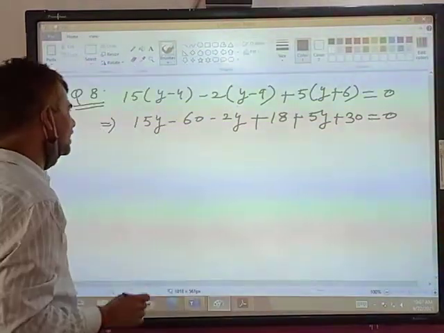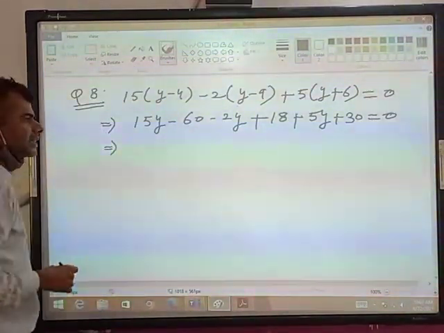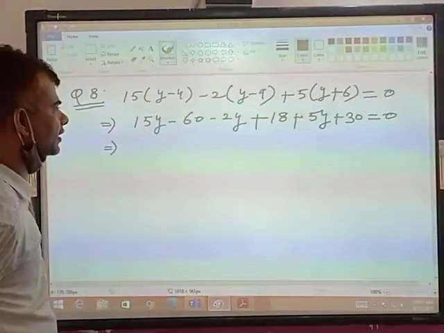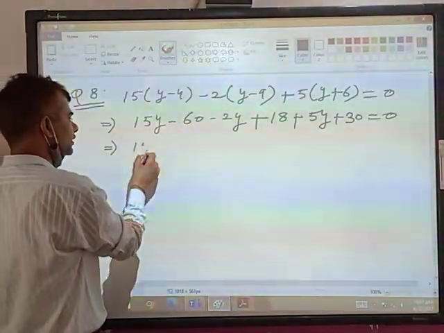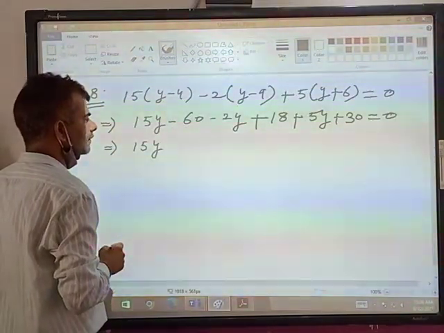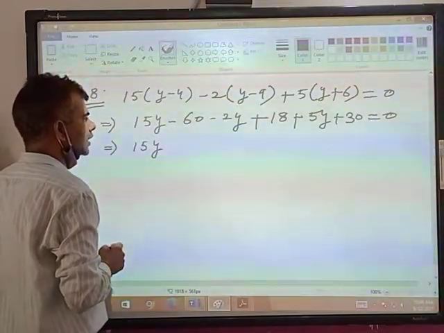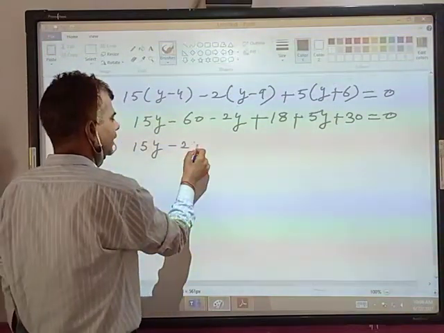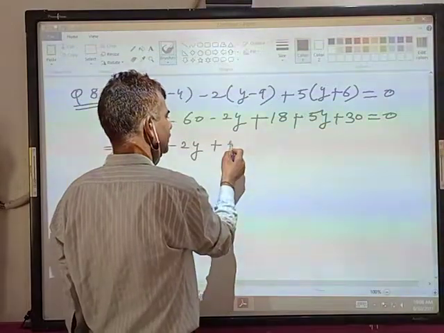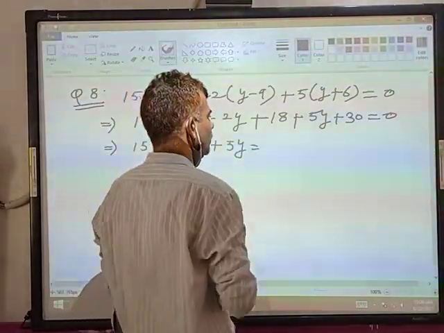Now, student, keep the variable on the left hand side and keep the constant term on the right hand side. That is 15y minus 2y plus 5y is equal to.